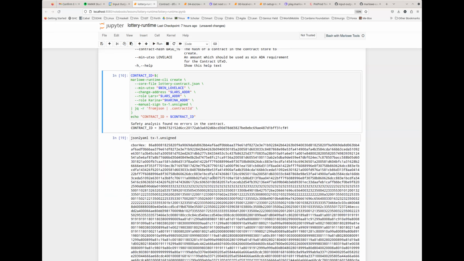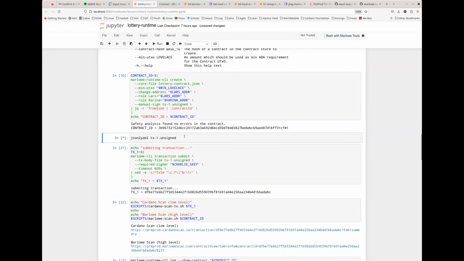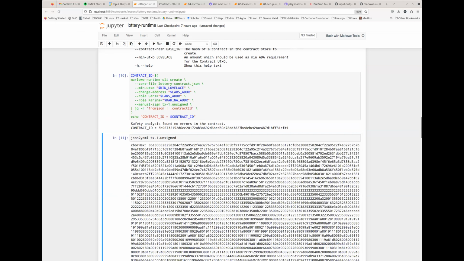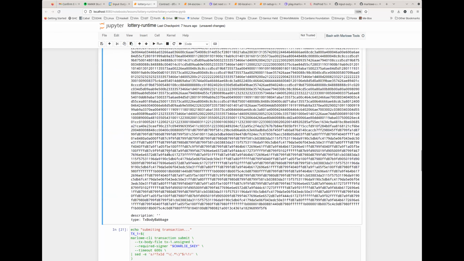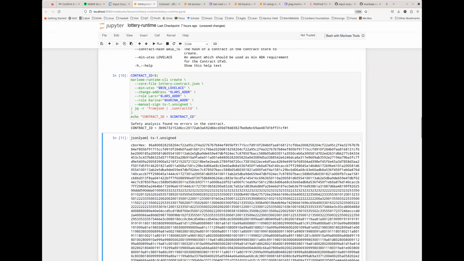That is basically used to identify the contract. I can paste that in the chat in a second. So now this is the transaction that we will have to submit to the blockchain in order to start the contract. As you see, it contains quite a lot of data.